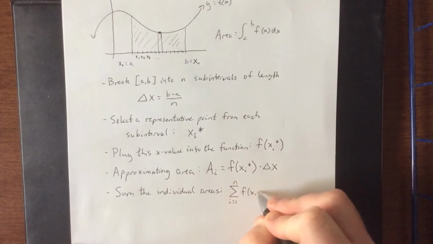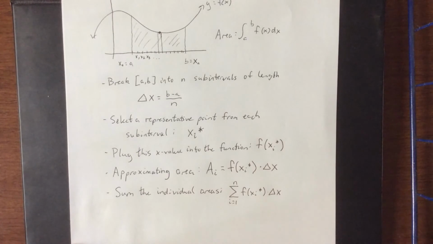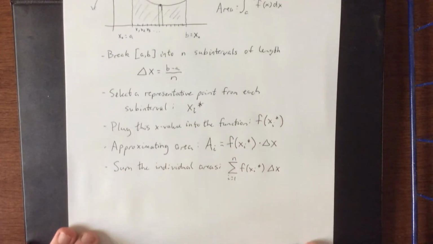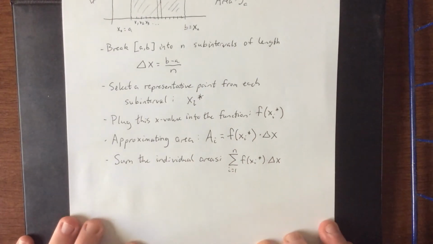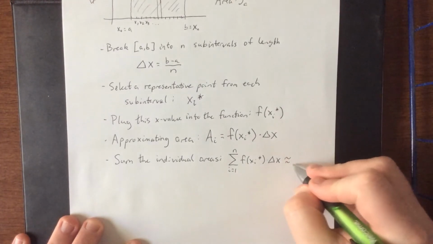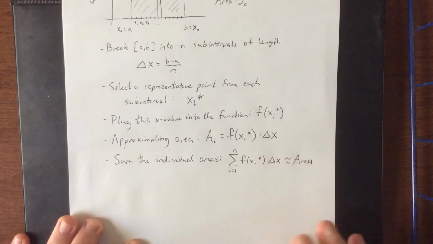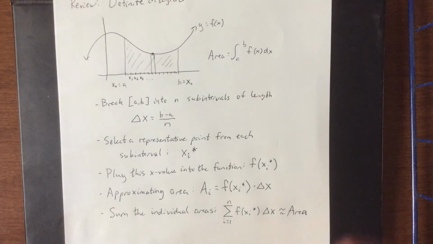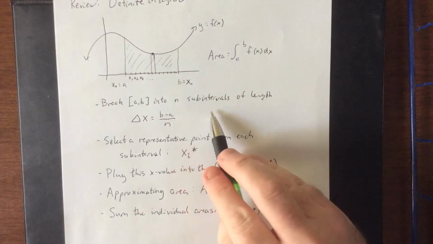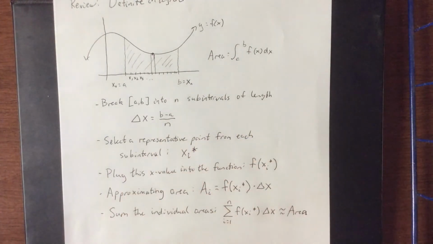Of course, now that we've been through Calc 2 and we have access to series, summation notation tends to be a little bit more straightforward to understand. Finally, this only approximates the total area. So this will be approximately equal to the total area. The way that we turn it into the exact value of the entire area is we allow the number of subintervals to go to infinity. That is, we're going to allow delta x to become infinitesimal.